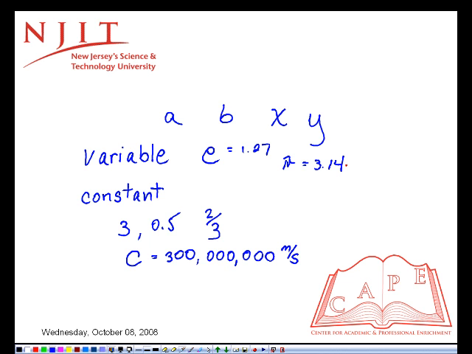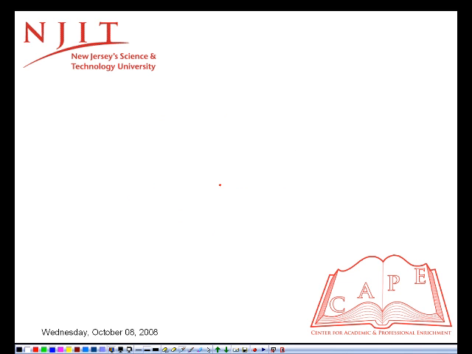Now, typically in algebra, when you're using two letters, let's say A and B, and they're being used to do an operation, it's called binary operations, simply because it's two numbers or two letters being used in algebra.